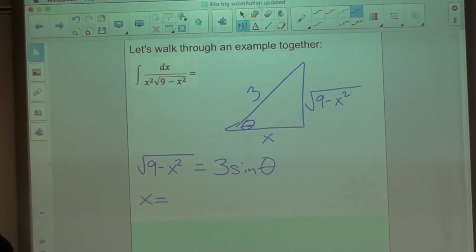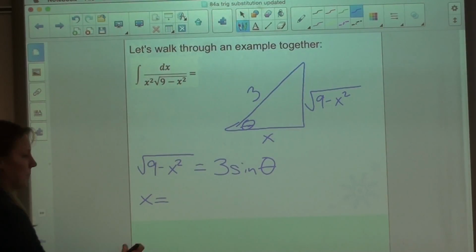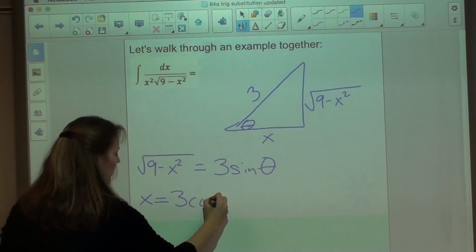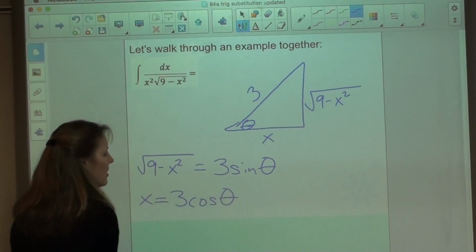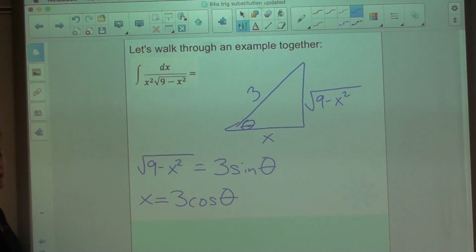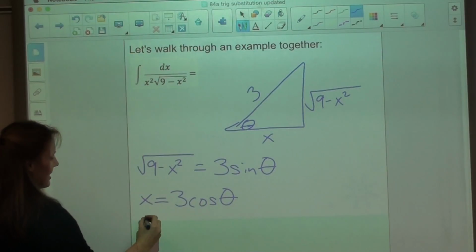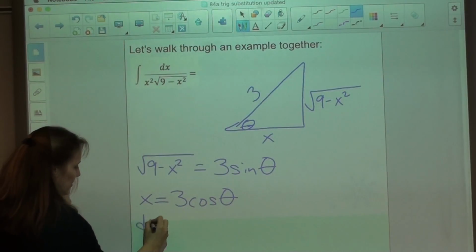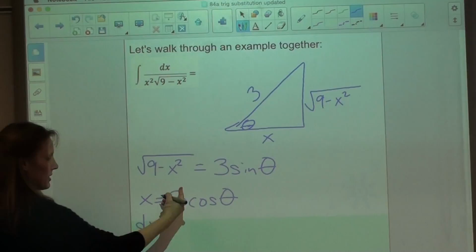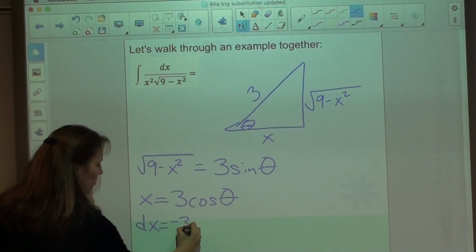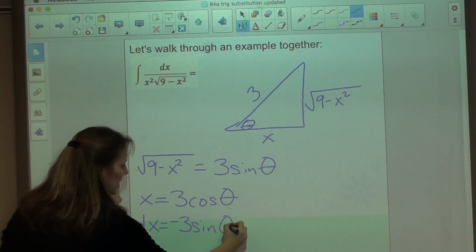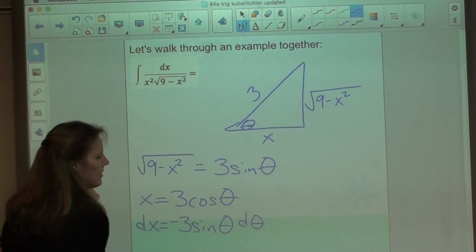Cosine theta equals x over 3, so x equals 3 cosine theta. So now I've got x, and I can go ahead and find dx as well. So dx is equal to negative 3 sine theta d theta.